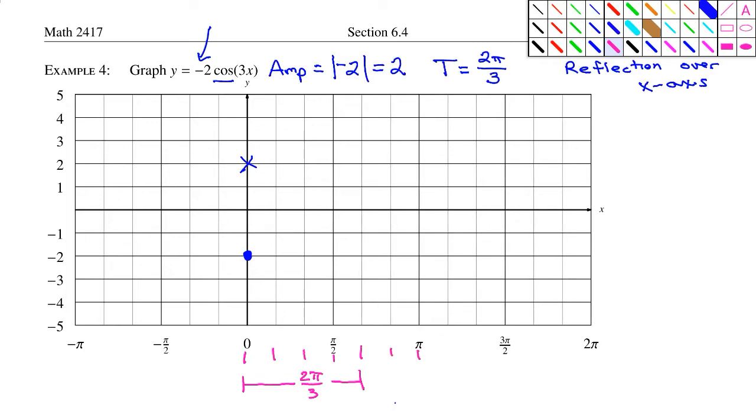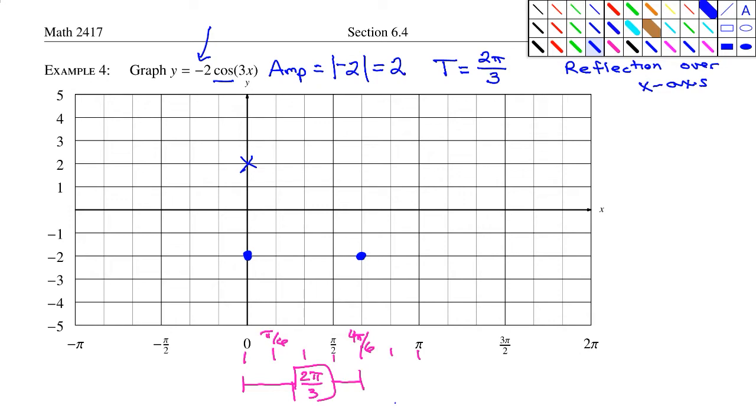So each of these represents a pi over 6. And to get the period of 2 pi over 3, that's the same as 4 pi over 6. So we know that after one period, the cosine function is going to return to where it started at 0, which was the minimum of negative 2.